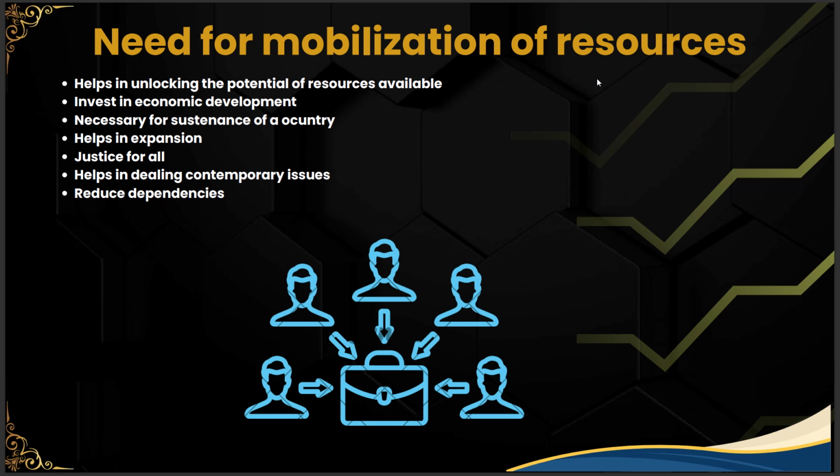Next is reducing dependencies. When you make your nation a producing industrial country, it can help in reducing your dependency on other nations for a product, which will affect your trade balance in a positive manner and increase the growth of the economy.